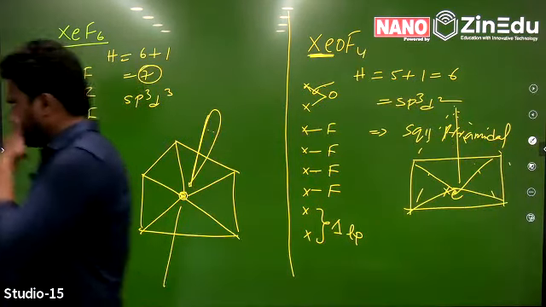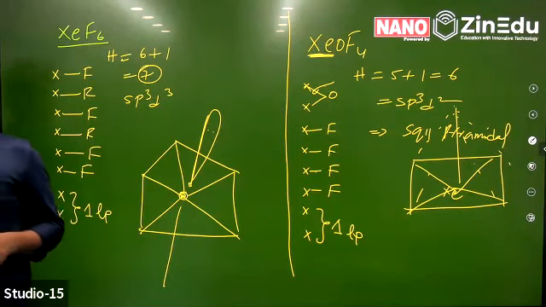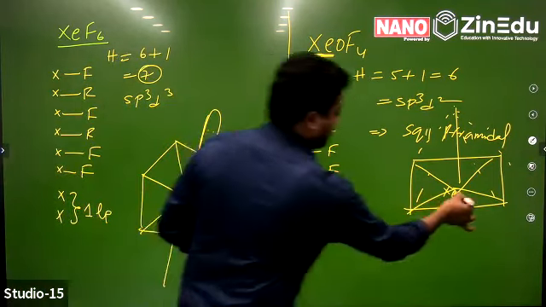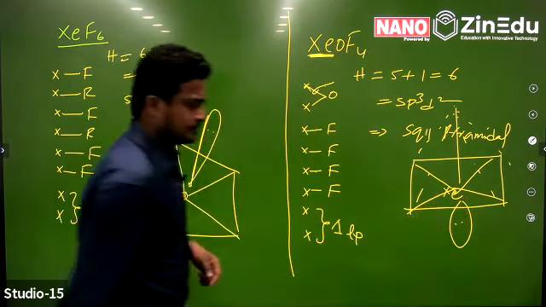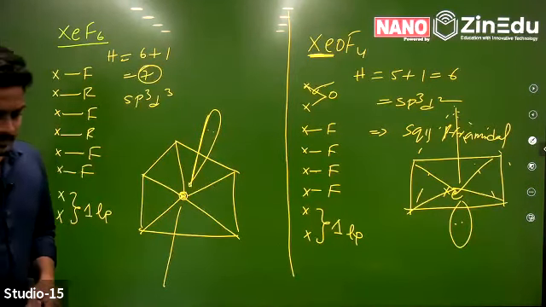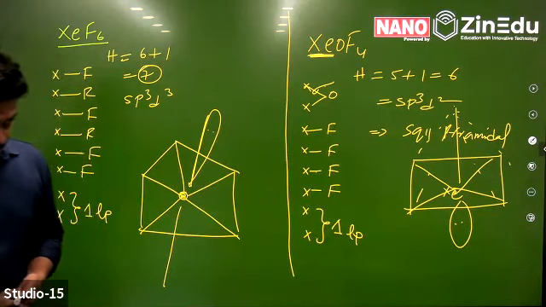Copy it. Here we have a lone pair. This is the lone pair. Copied?